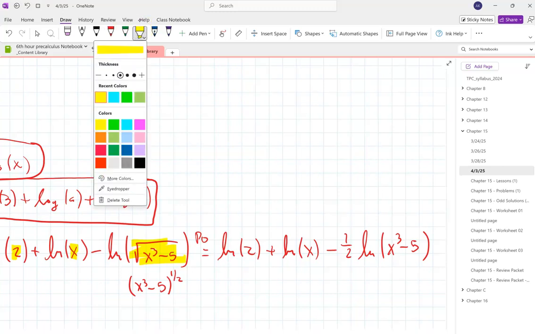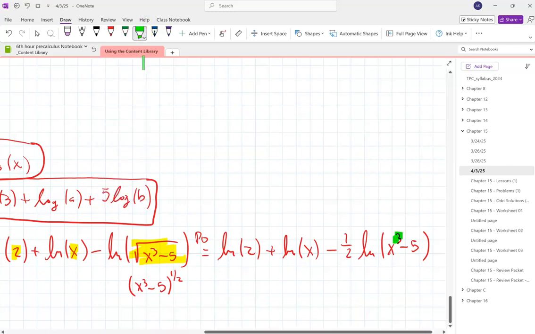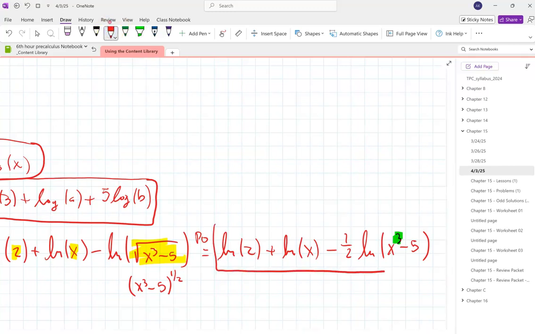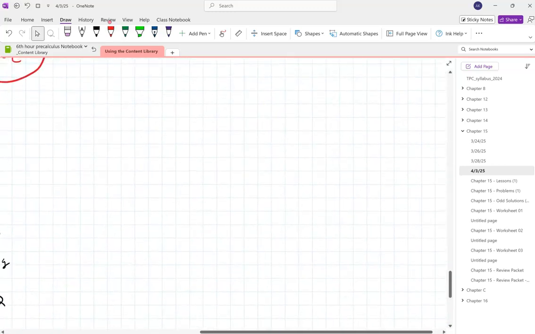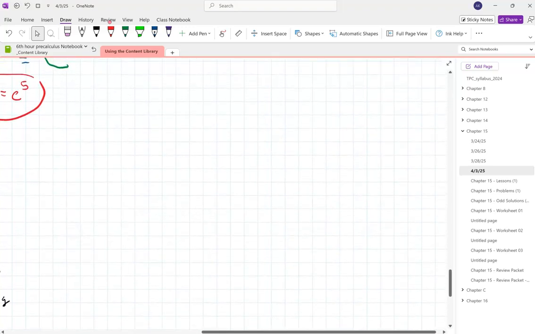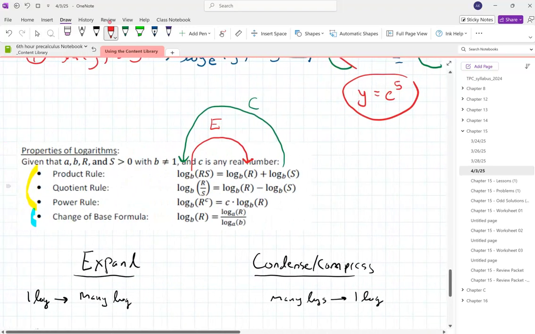Now, many of us are going to be arguing that, hey, I still see a power in that third logarithm. Why can't I do the power property again? The reason is, if I look at the power property, the power has to be around the entire thing inside.